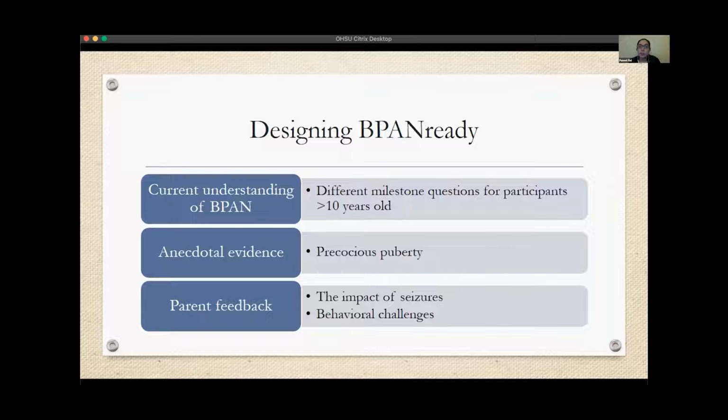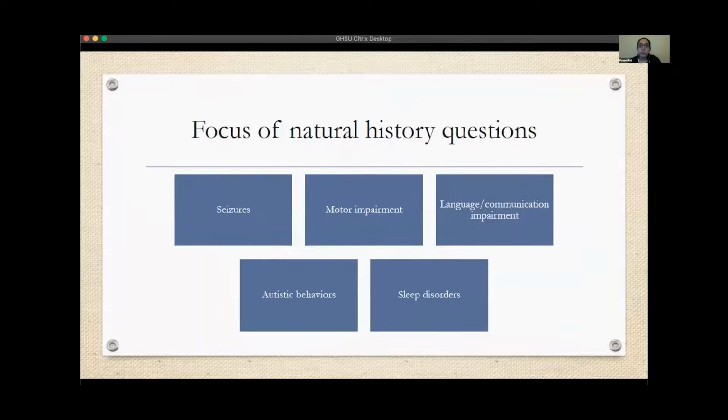And what parents told us was seizure management, behavioral challenges, and sleep problems were the biggest things that were important to them. So we used all of that together and came up with 5 focus points of the natural history study, which include seizures, motor impairment, language, communication impairment, autistic behaviors, and sleep disorders.